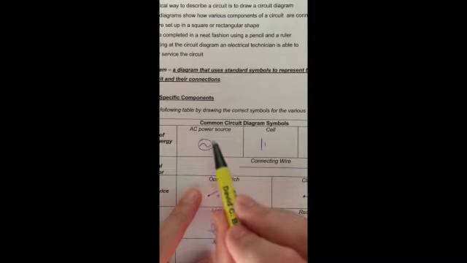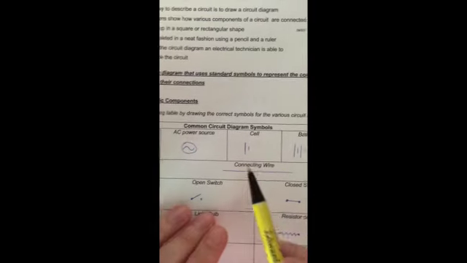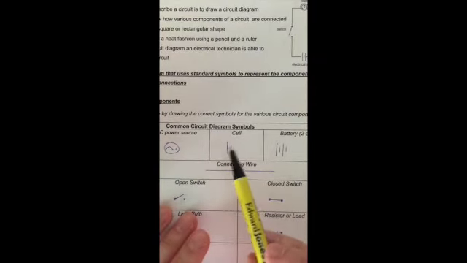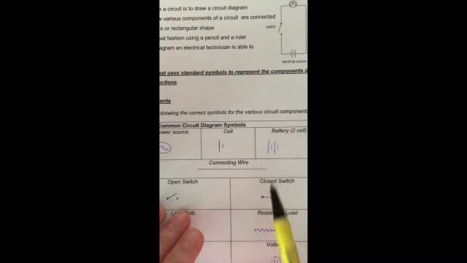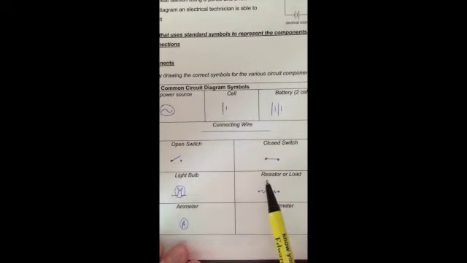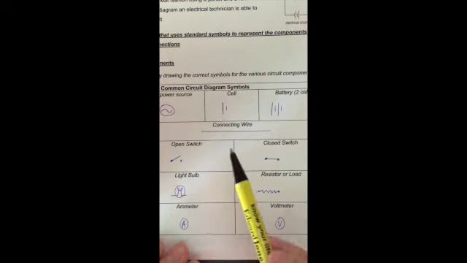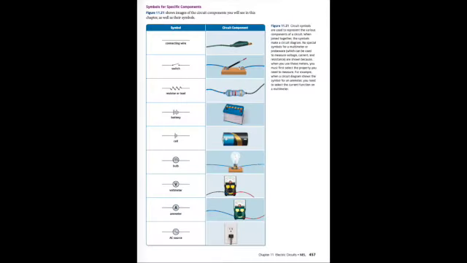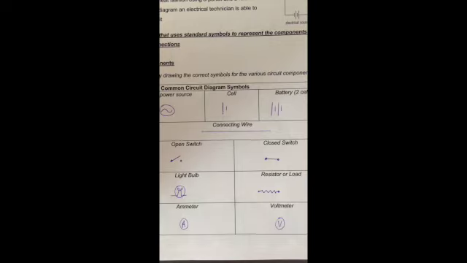So wavy line, circle around it for alternating current power source. Most of the time we will be using cells and batteries for our power. So those are the symbols. You can also use page 457 to help you fill those in.